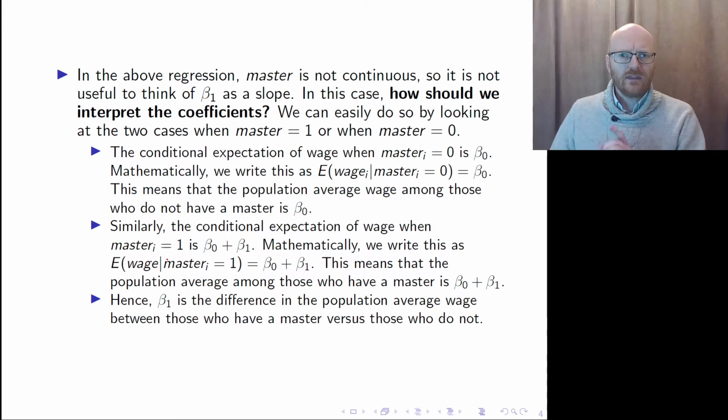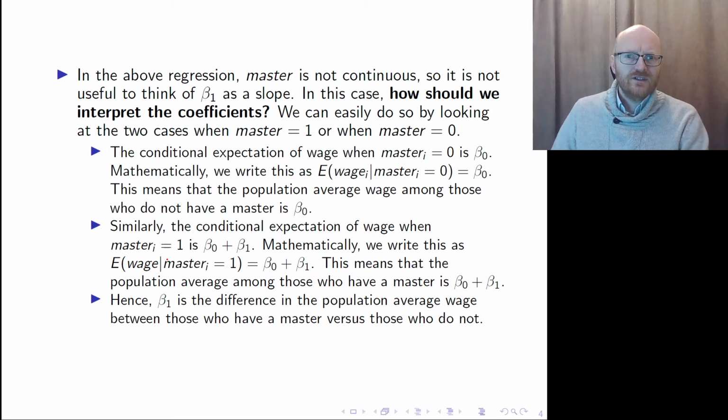So how could we interpret the coefficients? Well, one thing you can do is to insert the values for this dummy variable, either 0 or 1, and then look at what you get.